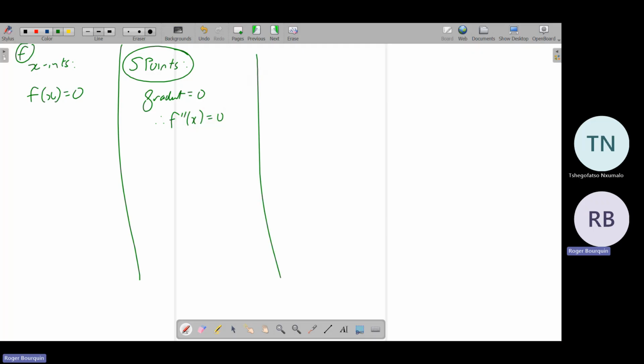If they ask you to find a point of inflection, it's where the graph changes concavity. It's where your second derivative, f double dash of x, is 0. So I must just derive until I get my answer. The second derivative means derive twice.